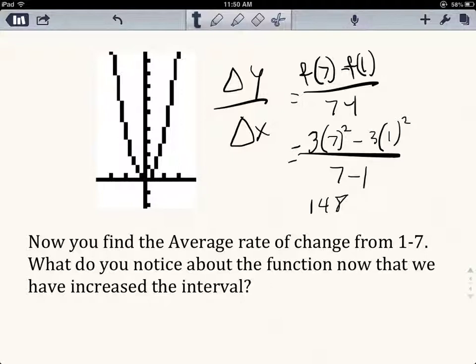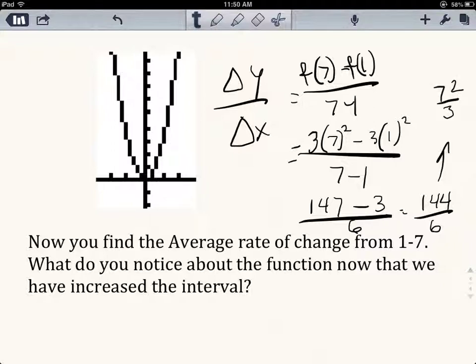Excuse me, let me erase that. 147 minus 3 over 6, which equals 144 over 6, which equals 24. So our average rate of change from 1 to 7 is 24.